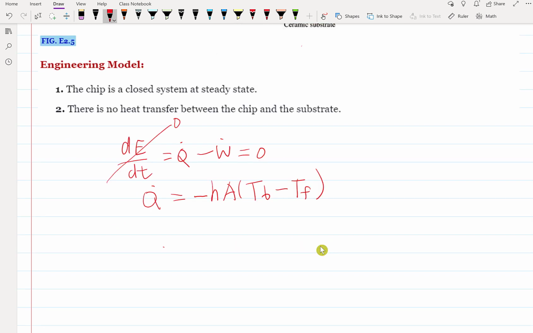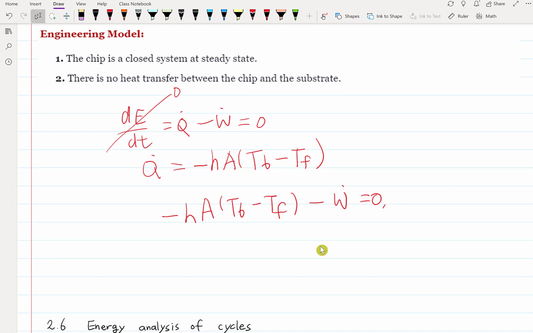Plug this Q into the energy balance equation, minus W dot. So we need to solve it for the top surface temperature of the chip, TB.